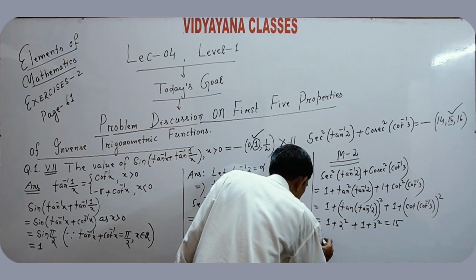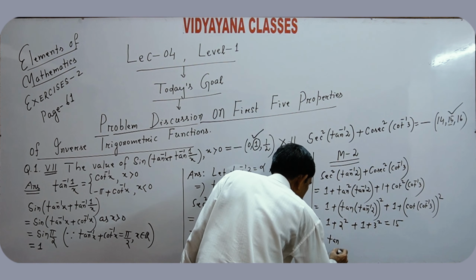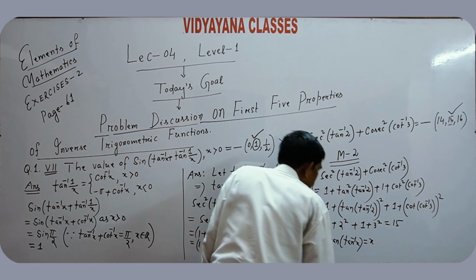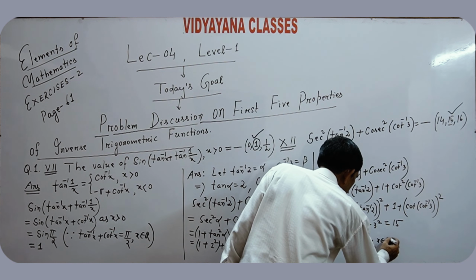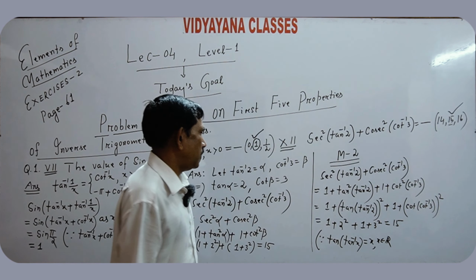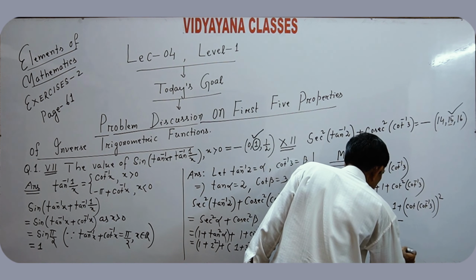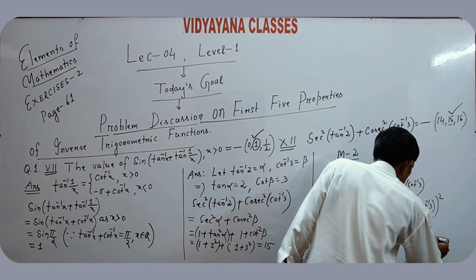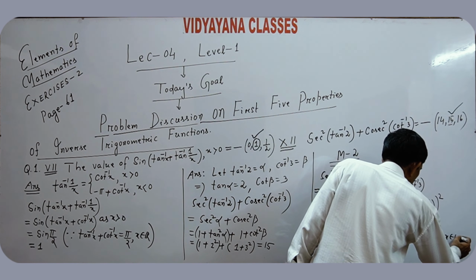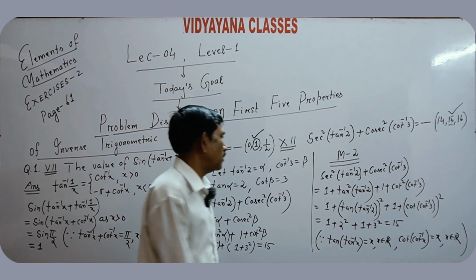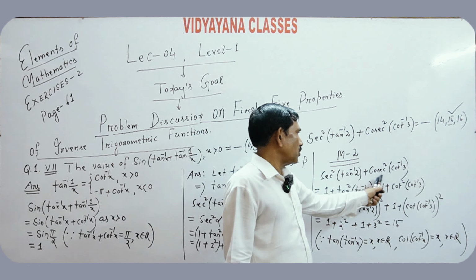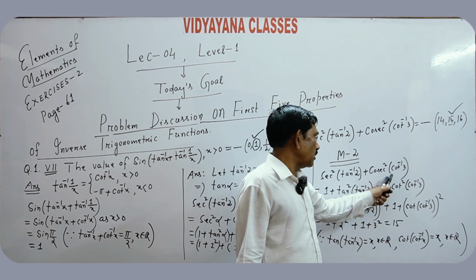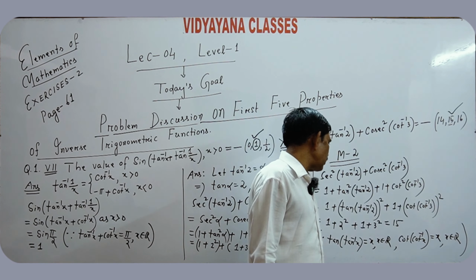Since tan of tan inverse x is equal to x, x belongs to the set of real numbers, and cot of cot inverse x is equal to x, x belongs to the set of real numbers. Sec square alpha plus cosec square beta is the same as 1 plus tan square alpha, where alpha means tan inverse 2, and 1 plus cot square beta, where beta means cot inverse 3.